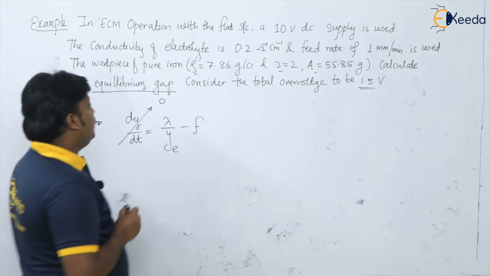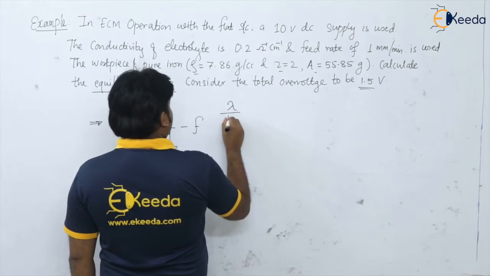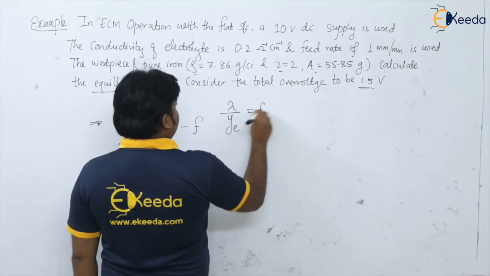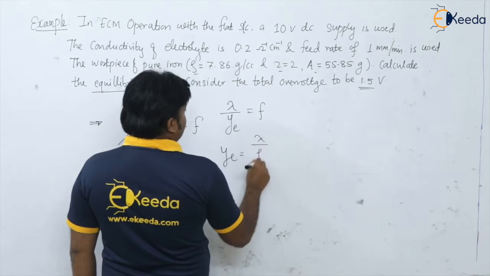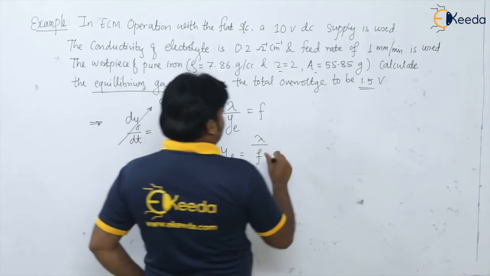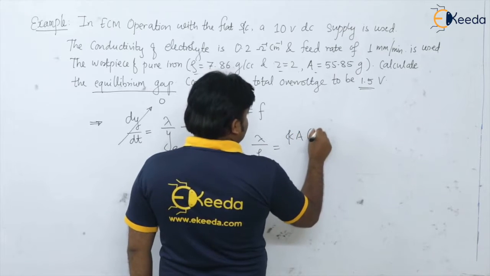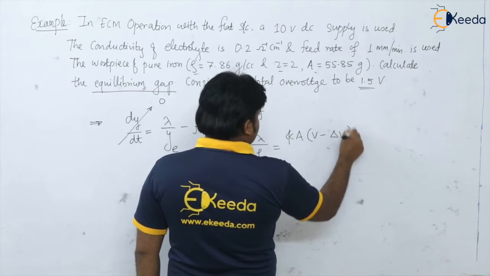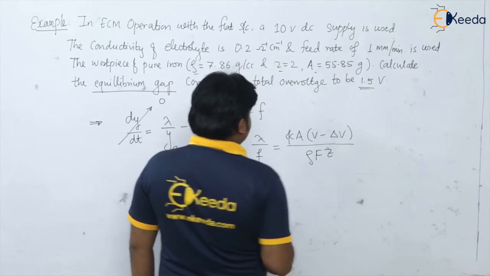So what will be our equation? That is lambda over ye is equal to f, or ye is equal to lambda divided by f. What is our lambda? We know, lambda is k into A into (V minus delta V) divided by rho F z. This is our lambda.